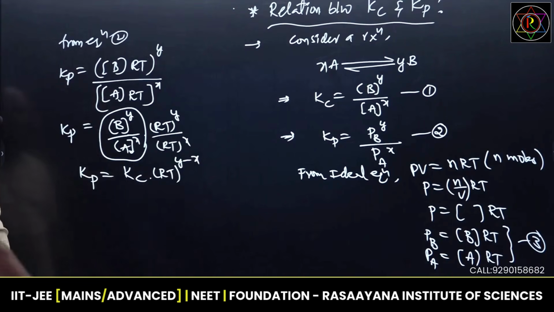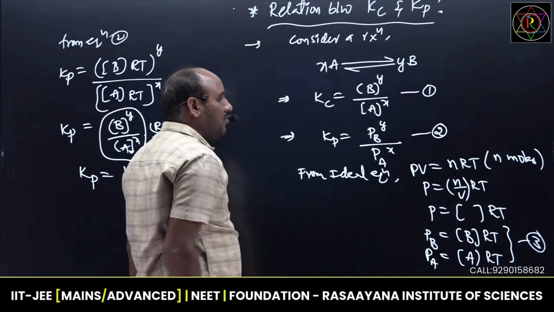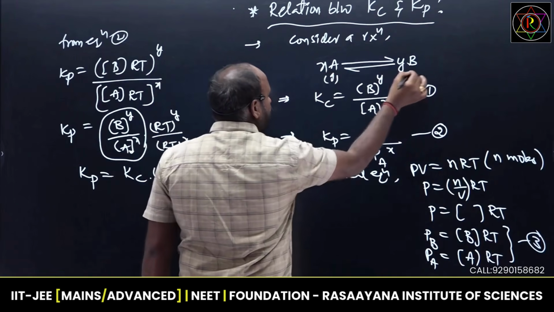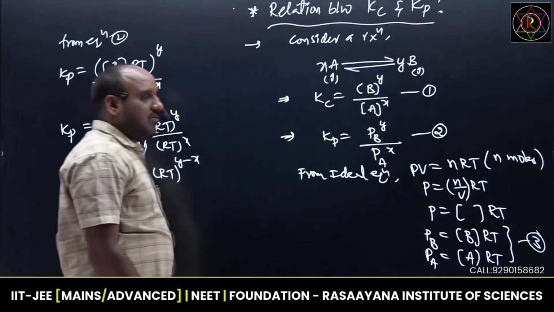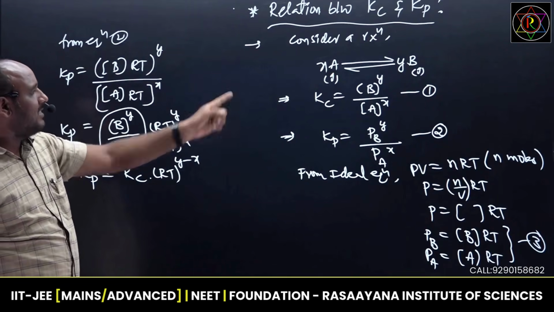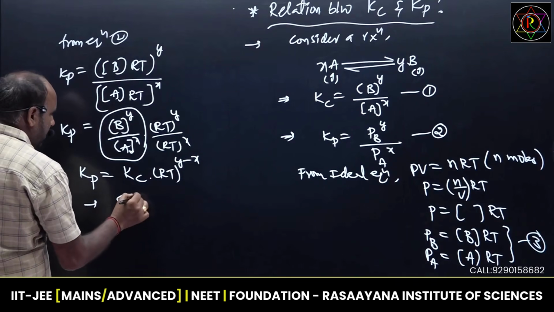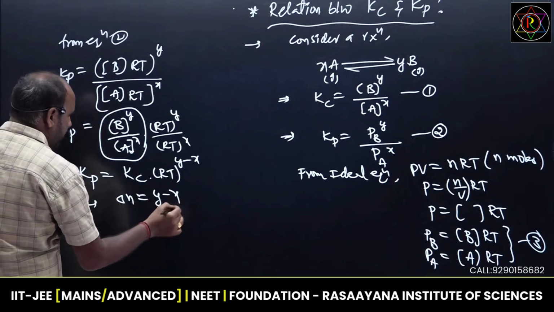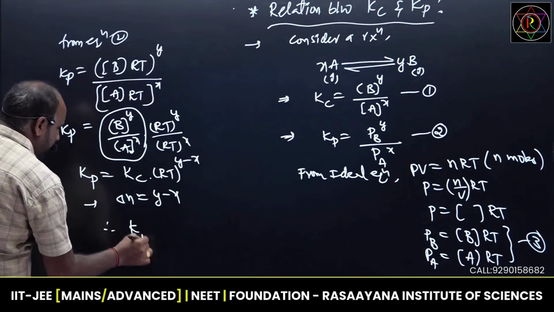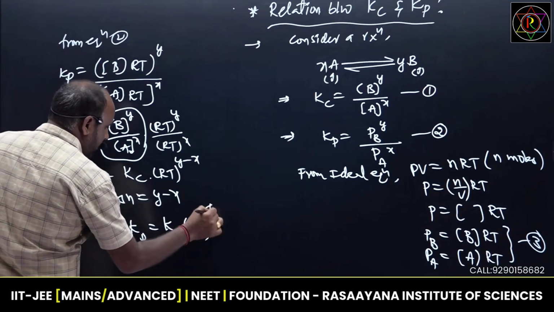So for this reaction we apply delta n, the number of moles. These are gaseous molecules A and B. Therefore the number of moles of products minus the number of moles of reactants, that is Y minus X, is considered as delta Ng. Therefore delta n is equal to Y minus X, and Kp is equal to Kc into RT power delta n.